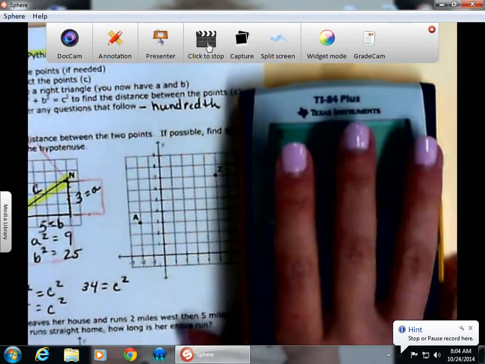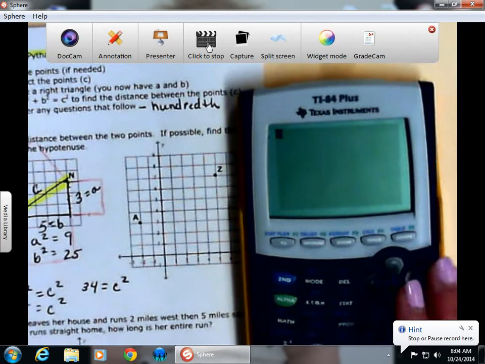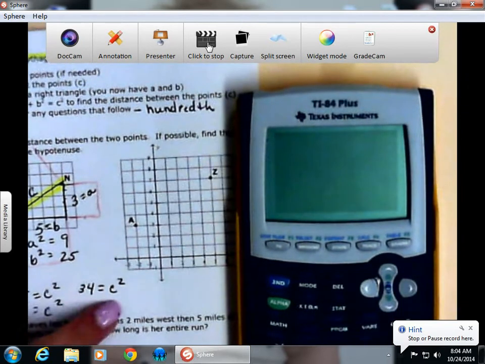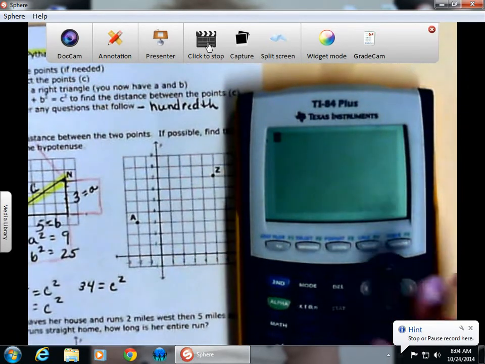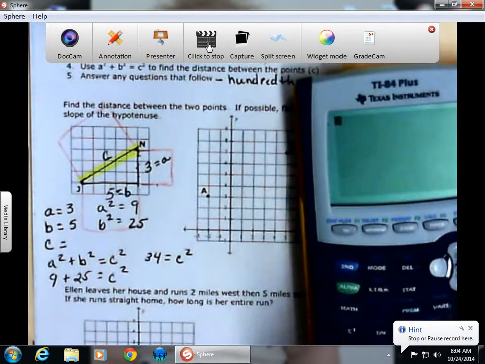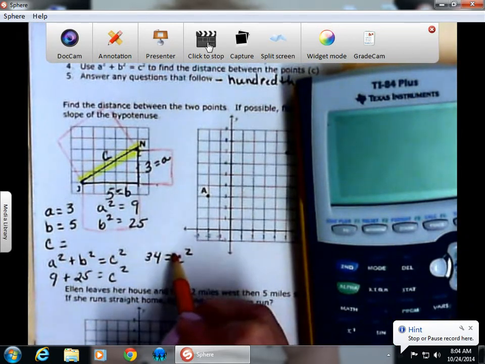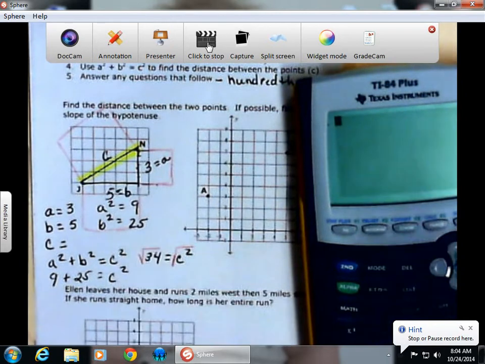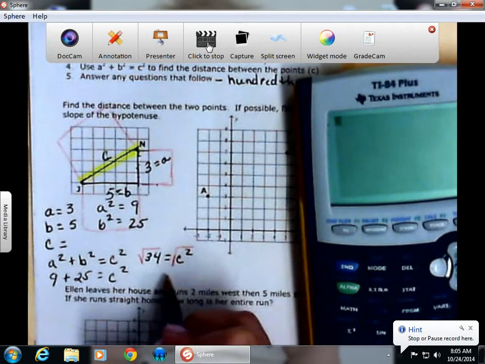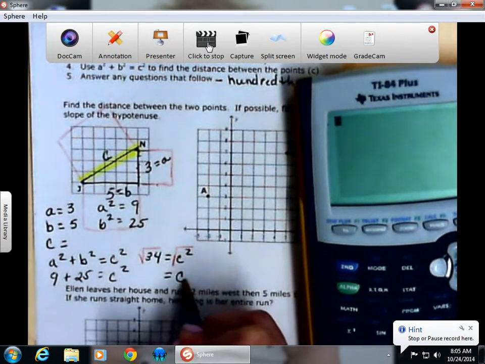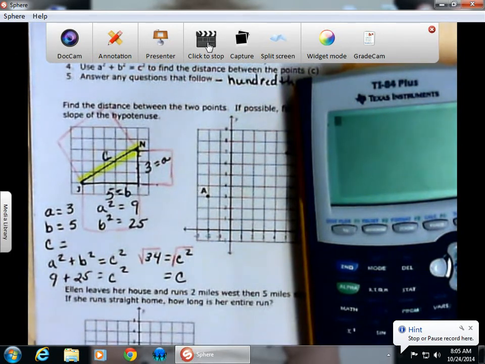So now I've got 34 equals C squared, and I want to take the square root of both sides. When I take the square root of the right side, the square root of C squared is C. And the square root of 34 is 5.83095185, and that's just too long. Remember, we're going to round it to the nearest hundredth.